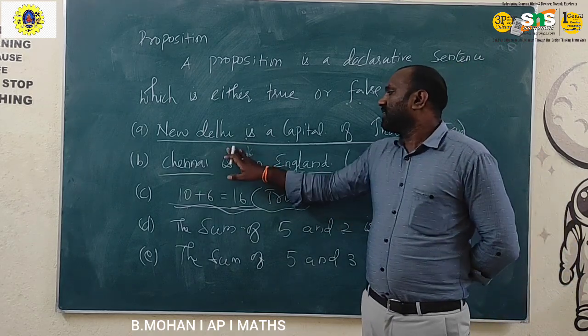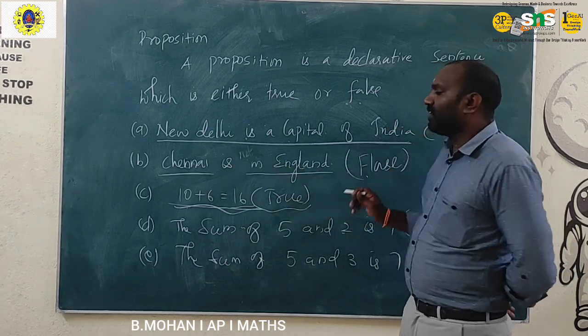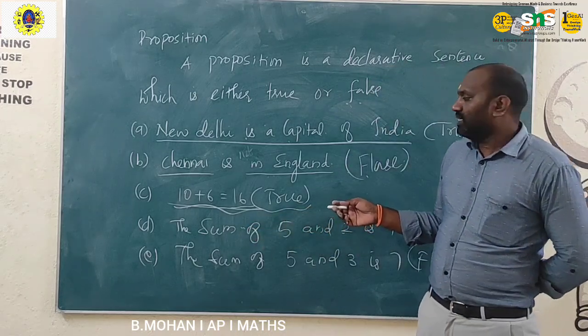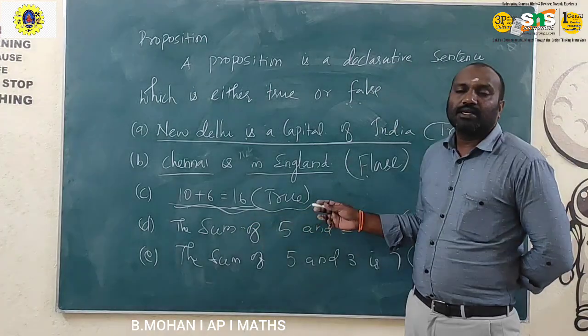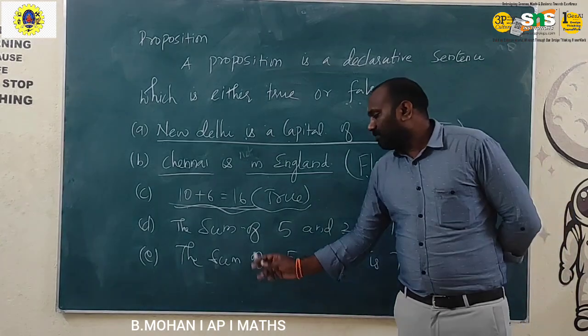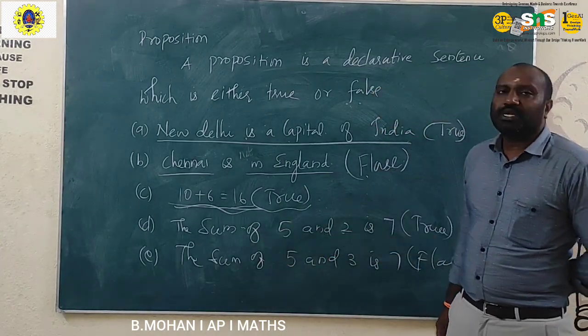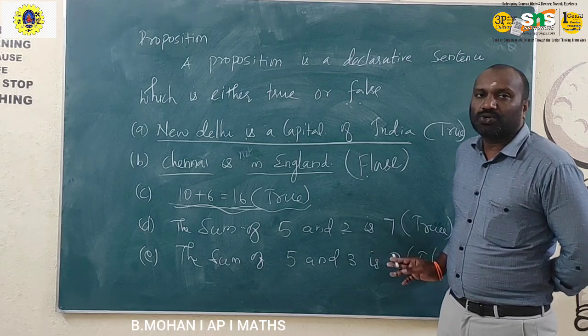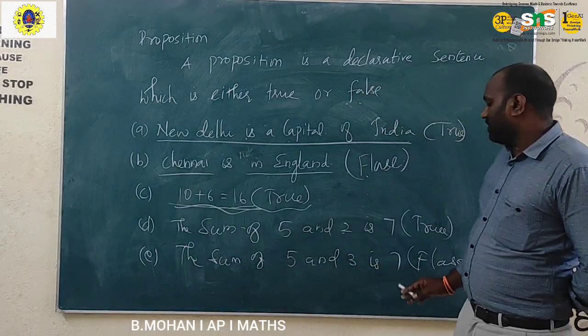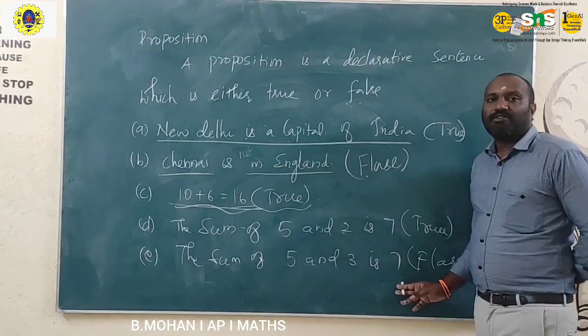Chennai is in England is false. 10 plus 6 is 16 is true. The sum of 5 and 2 is 7 is true. And the sum of 5 and 3 is 7 is a false statement.